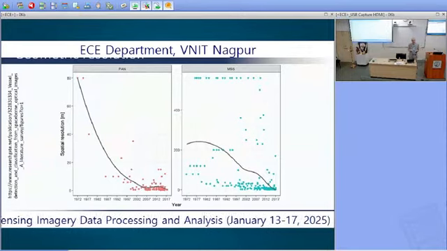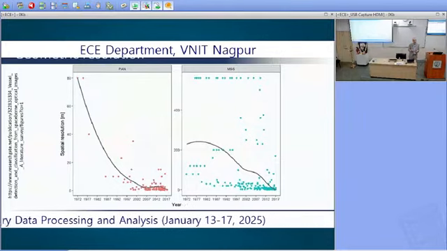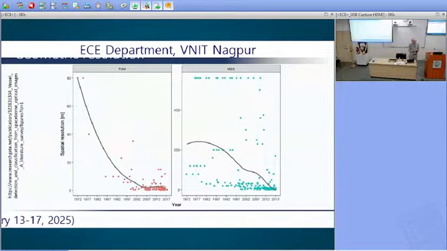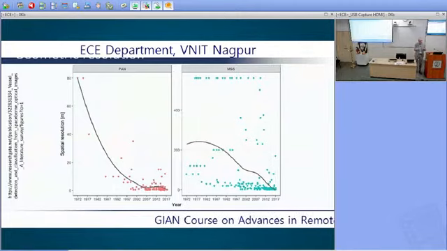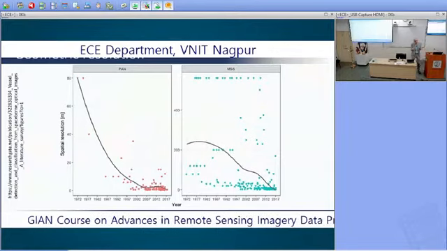For example, if you're interested in detecting individual buildings in an urban area, then you will need a high spatial resolution, because if you use low spatial resolution, all these buildings in the urban area will be blurred. That's also part of matching spatial resolution with the spatial scale of the problem.